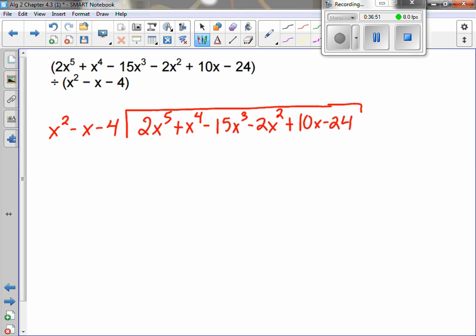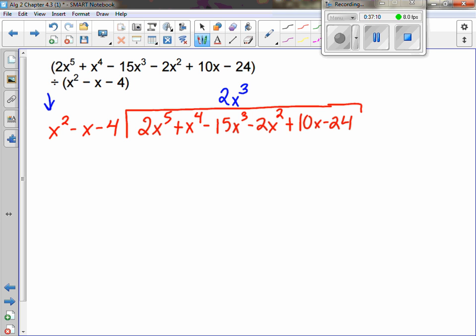Okay. So what times our first term, x squared, will give us 2x to the fifth? 2x to the third, or 2x cubed.